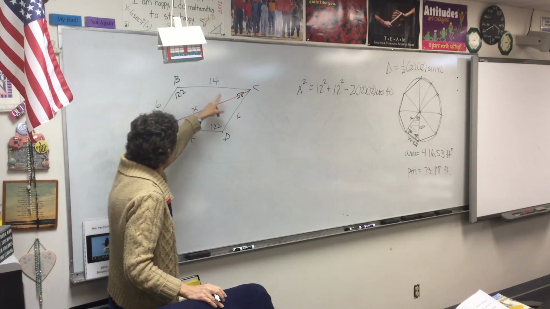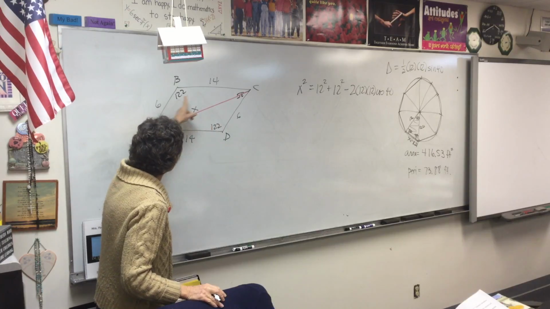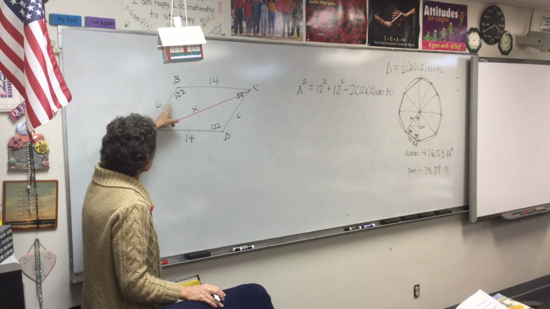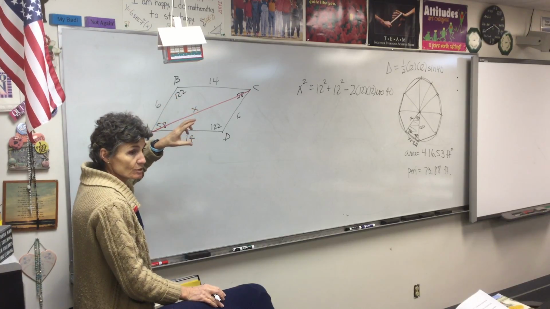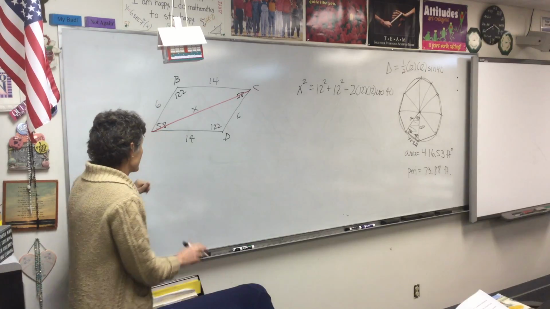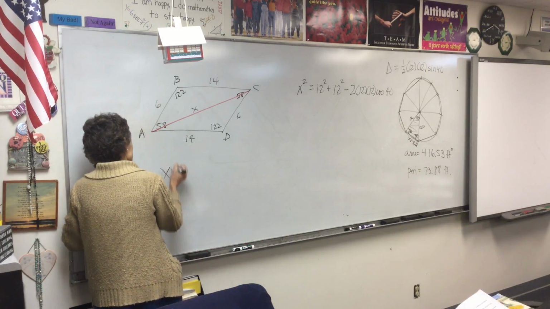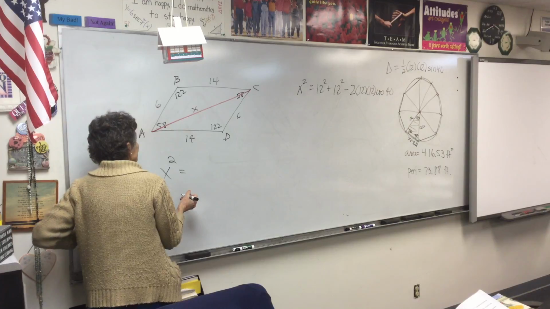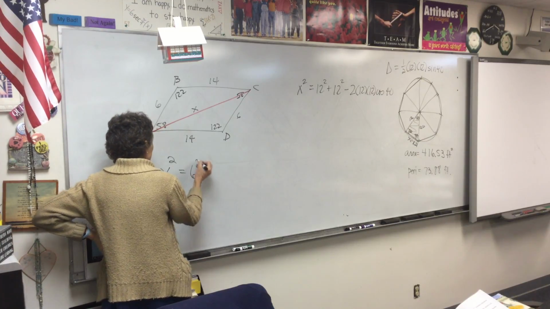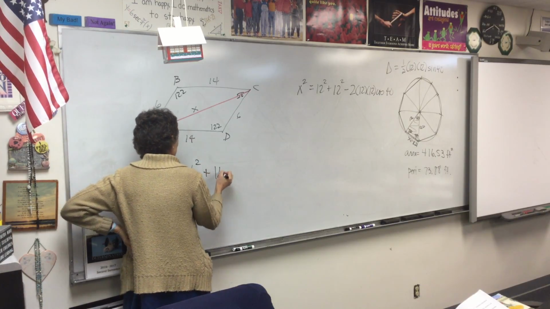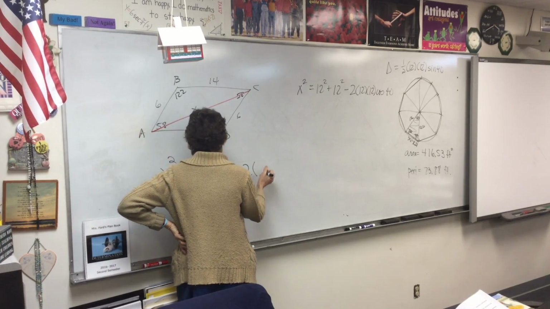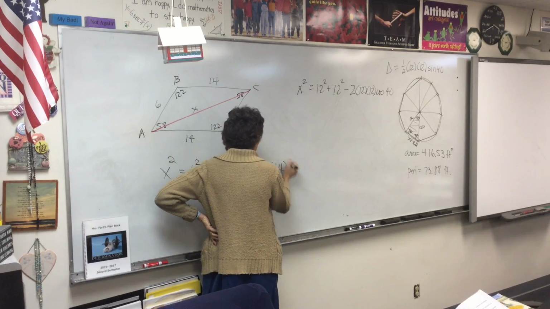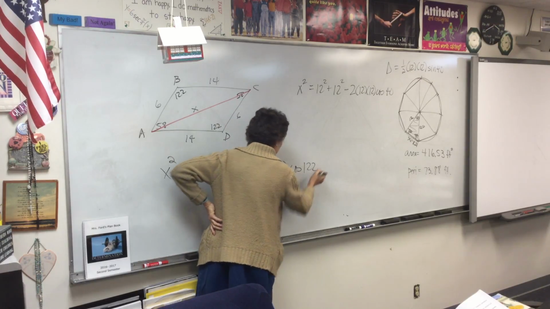Take a look at what you've got here. I'm looking at this triangle right here. Side angle side. I have side angle side, so if I want to find another side, I'm going to have to use the law of cosines. So it's going to say x squared equals 6 squared plus 14 squared minus 2 times 6 times 14 times cosine 122.